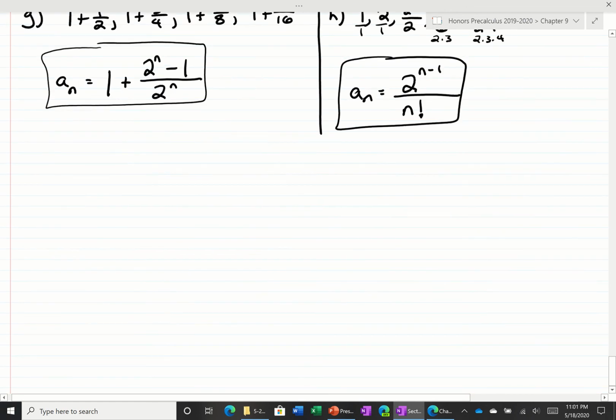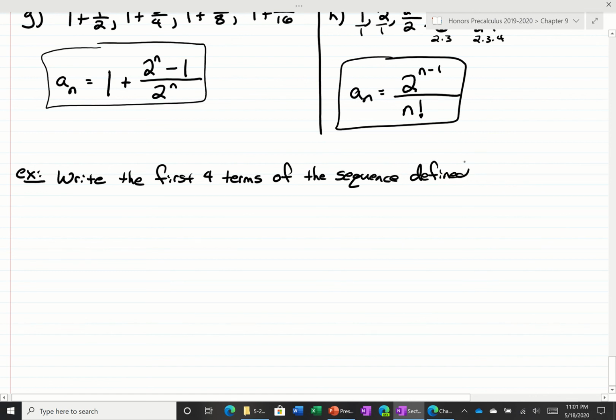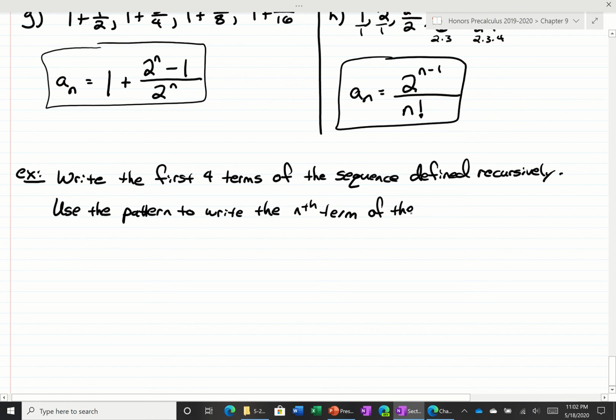All right, and there's one other thing I wanted to talk about today. What I'm going to ask you to do is write the first 4 terms of the sequence defined recursively, and then we're going to use the pattern to write the nth term of the sequence as a function of n.